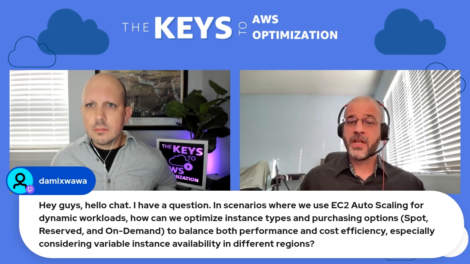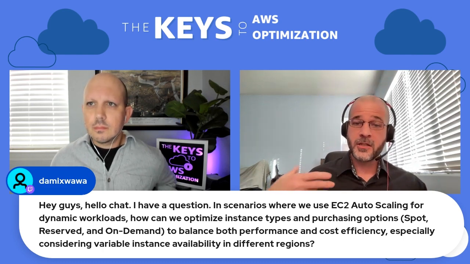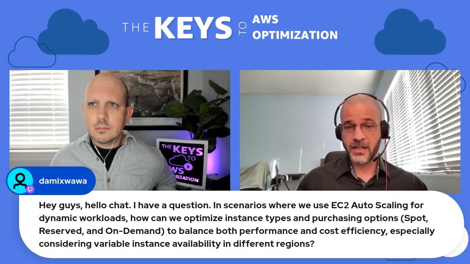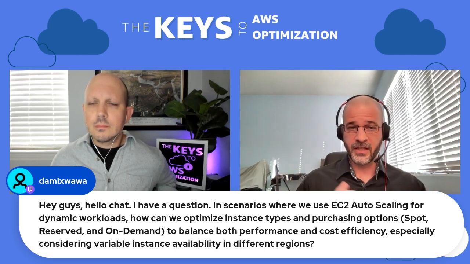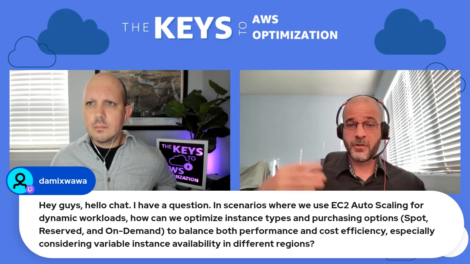You want to stick with on demand for those instances, and then you can layer on things like Savings Plans. So you spend some time right sizing, spend some time testing to get the most price performant instances you can, and then layer on the Savings Plans for those instances. And then you can use Spot to burst above that.